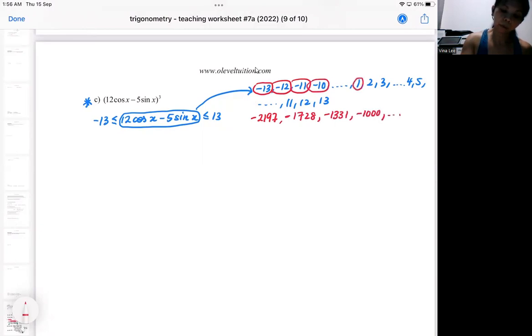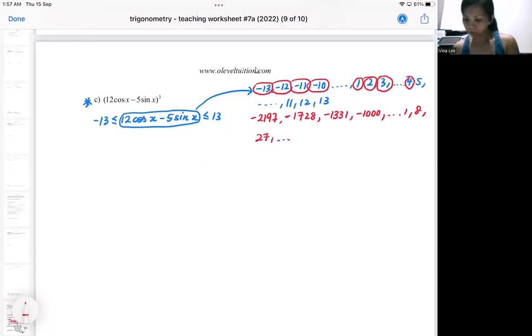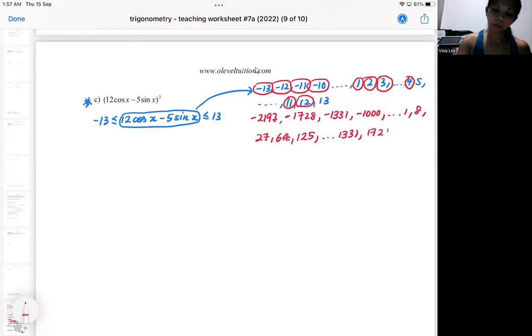So take all the possible numbers and you try to cube them. So you realize that you still have some negative numbers.